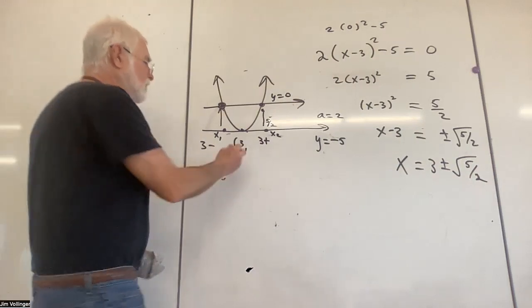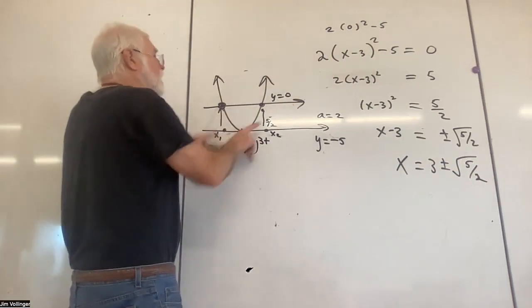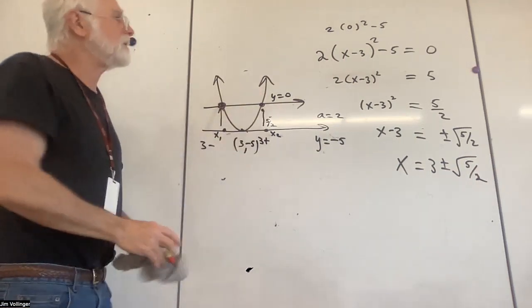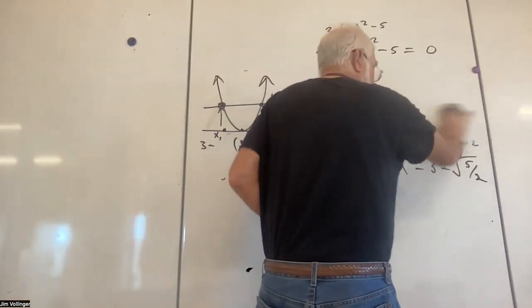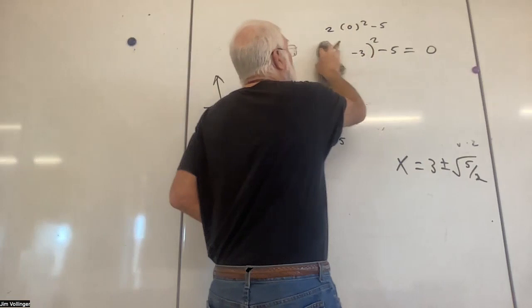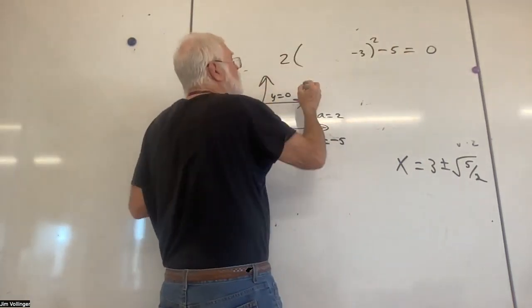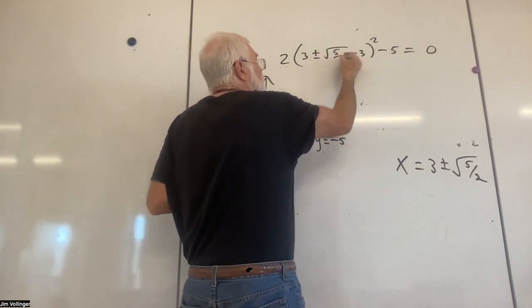I think this parabola, which was at a height of -5 at the vertex, is going to go through 0. So the last thing we should do is actually see if these numbers work. What happens when I use this answer in this equation? I'm going to write the 2 out here, and the 3 plus or minus the square root of 5/2.